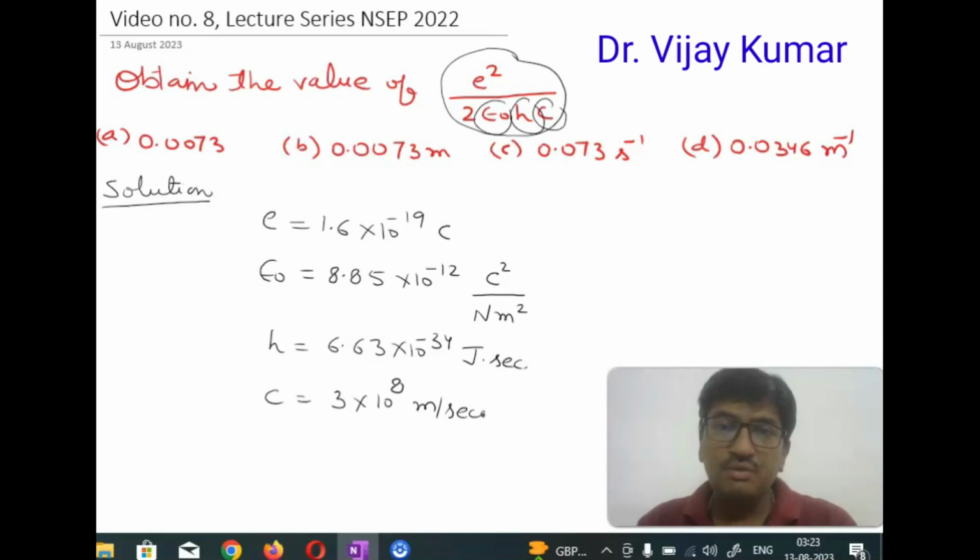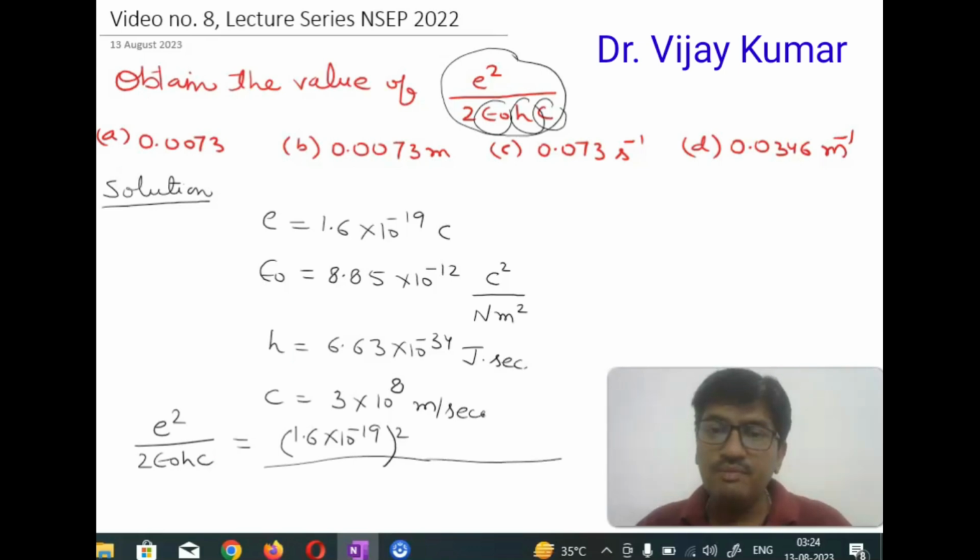We have to determine the value of e square upon 2 epsilon naught hc. Put the value of all the parameters: 1.6 into 10 to the power minus 19 whole square, upon 2 epsilon naught, meaning 8.86 into 10 to the power minus 12.